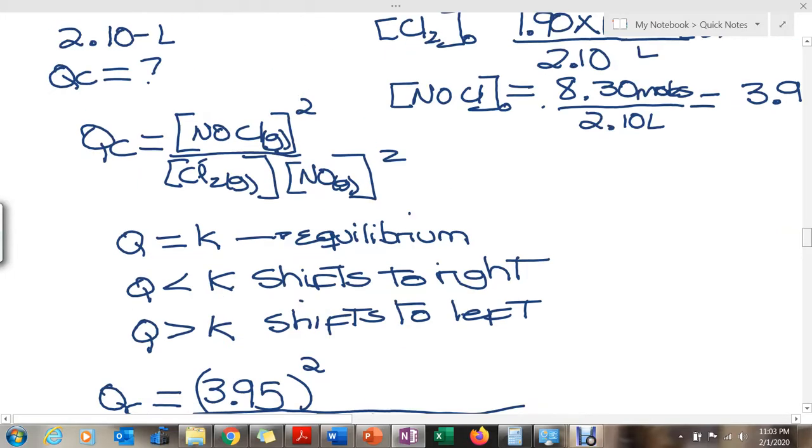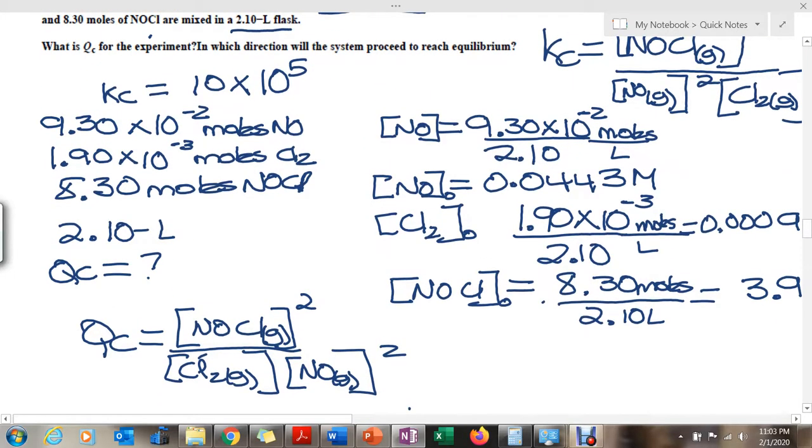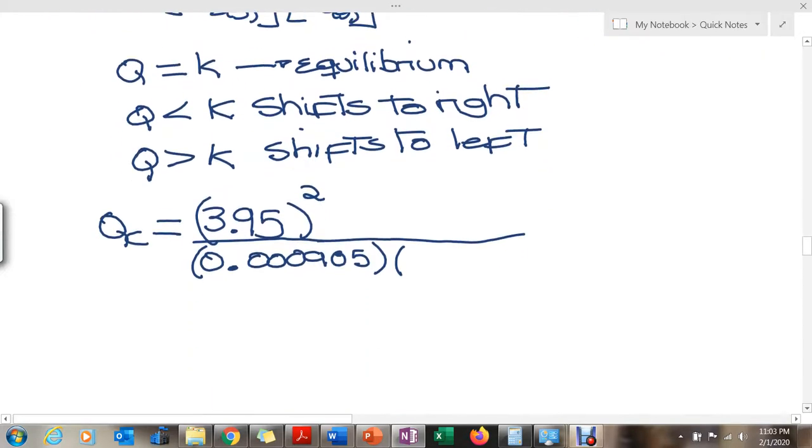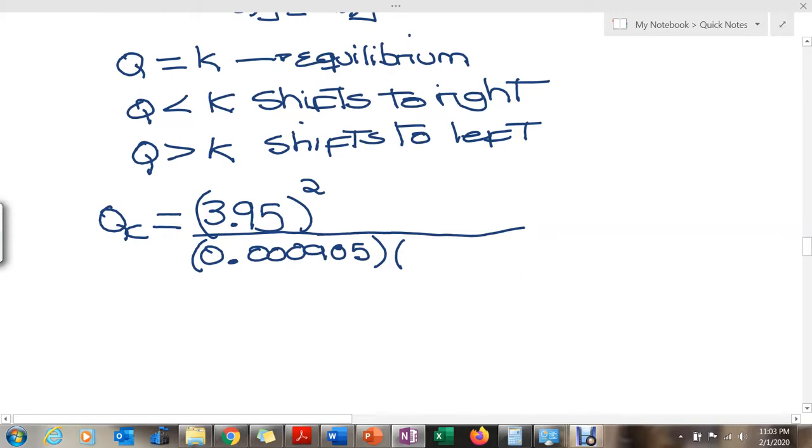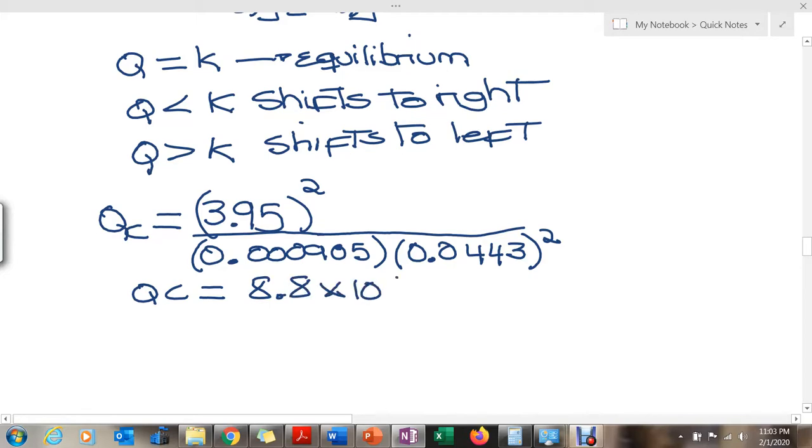You remember NO was 0.0443, 0.0443 squared. So Qc gives us 8.80 times 10 to the 6.